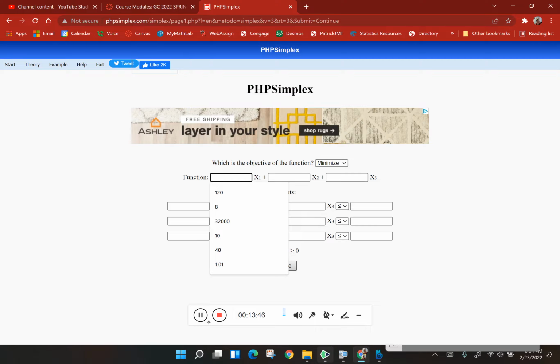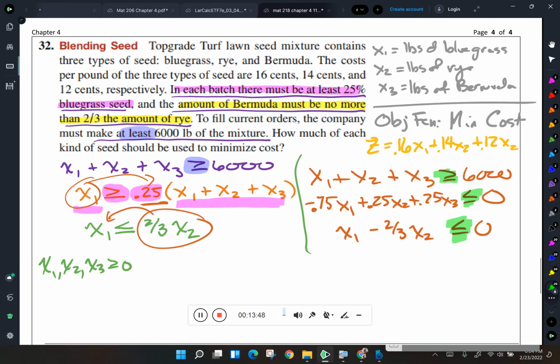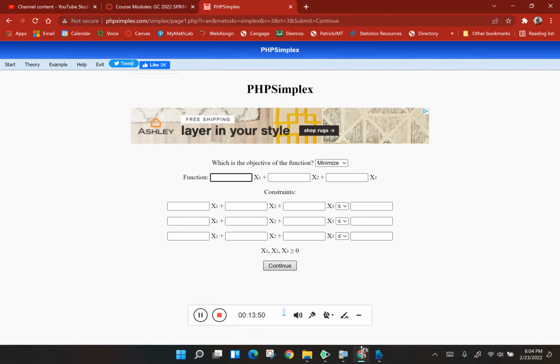Let's see. I've forgotten already. 16, 14, 12. I'm doing it in pennies. My first inequality was 1, 1, 1, and they must make at least 6,000 pounds of this stuff, right?